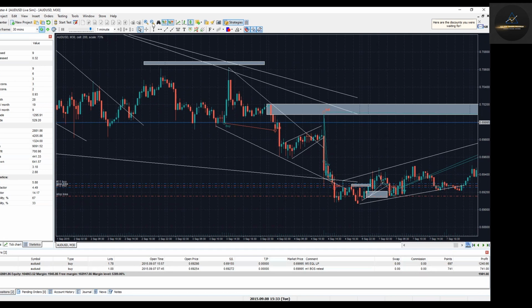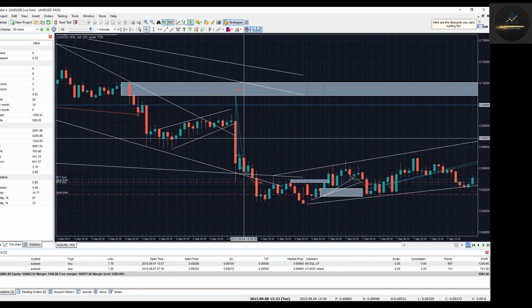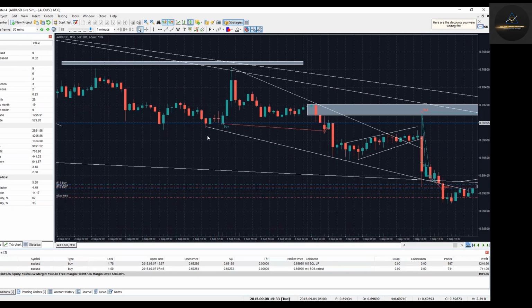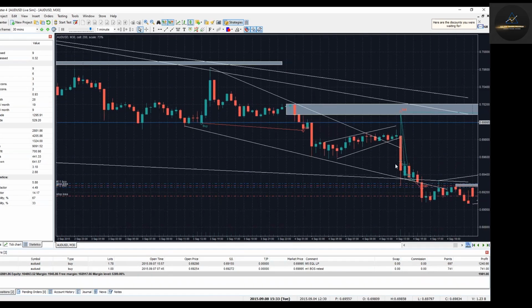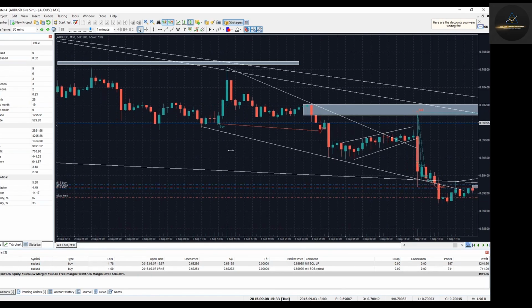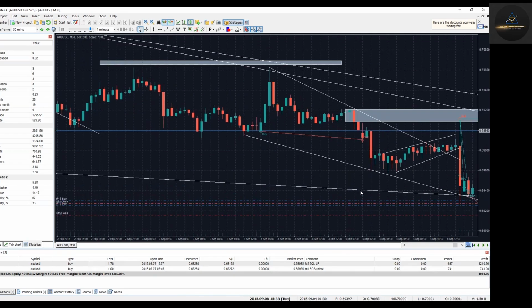And if we zoom in, I was taking profits at the bottom of this lower time frame inverse trend line. So this potential falling wedge, and also the higher time frame trend line, as you can see.